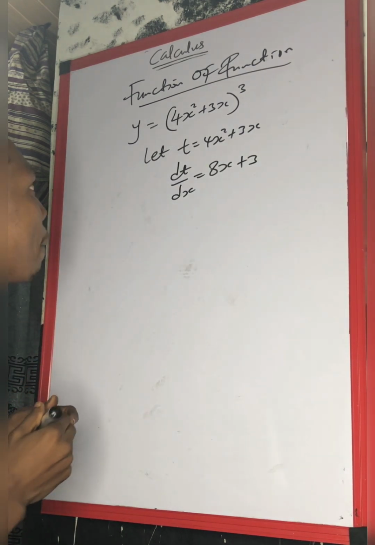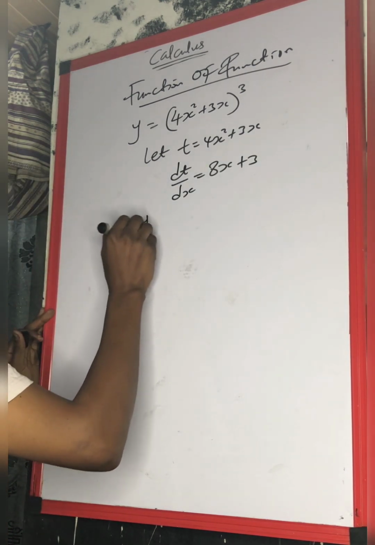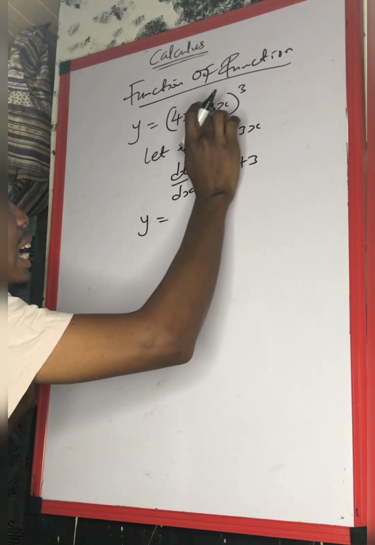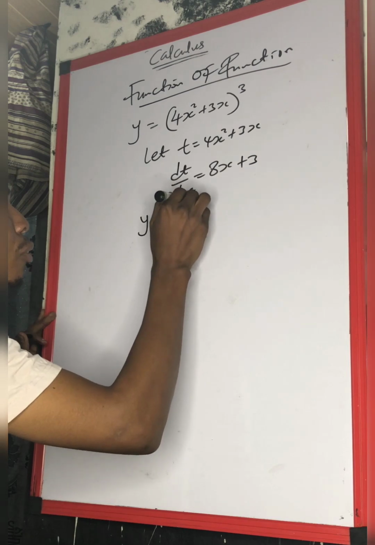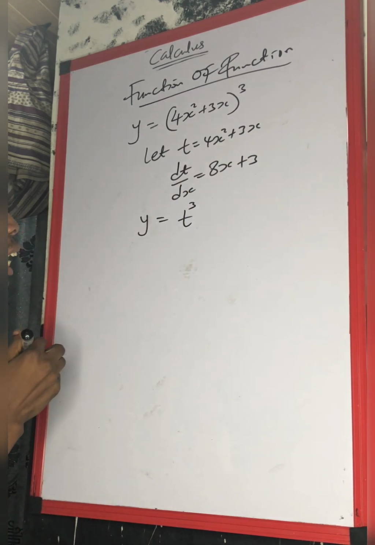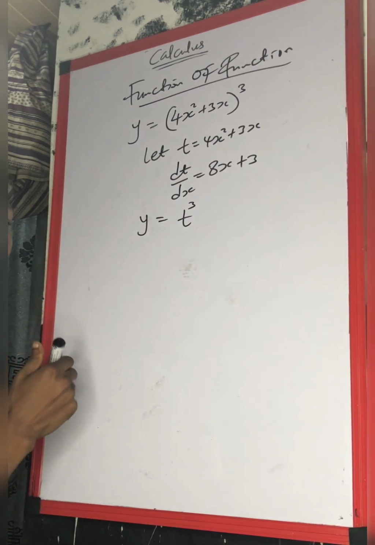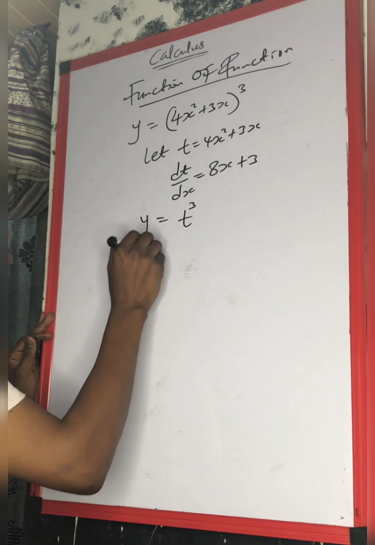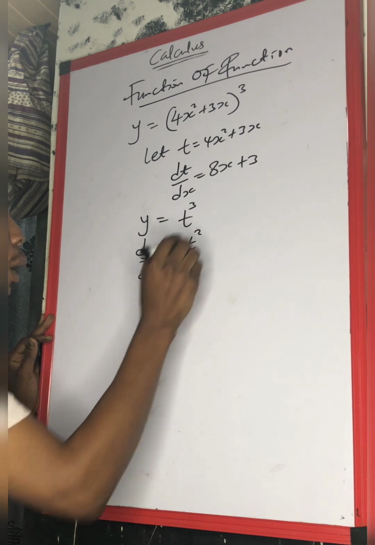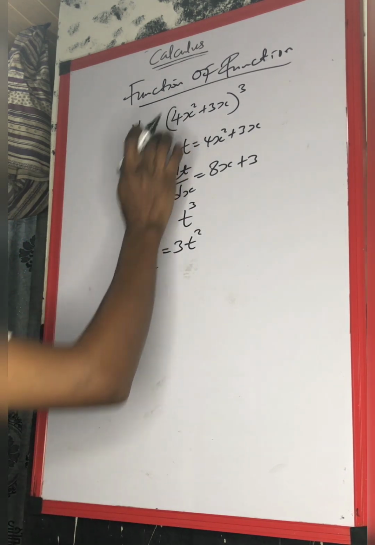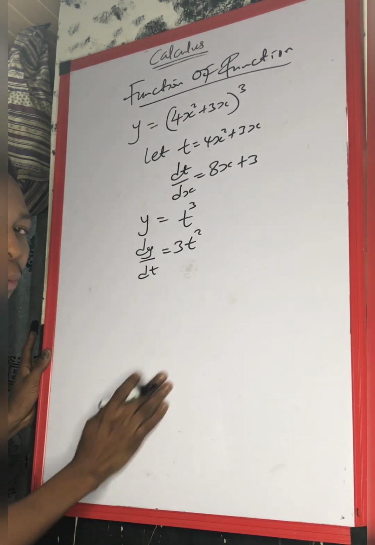So from there, our y becomes t raised to the power of 3. Then we differentiate y with respect to t. It becomes dy/dt equals 3t squared. Now to get dy/dx is just for you to multiply these two things together.